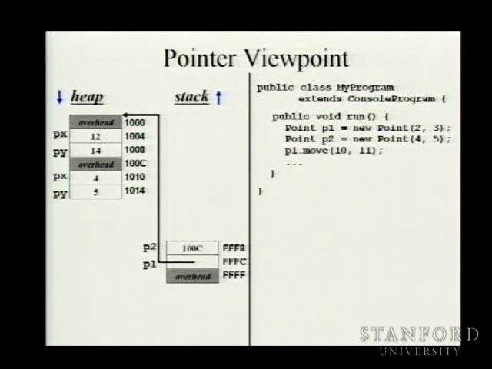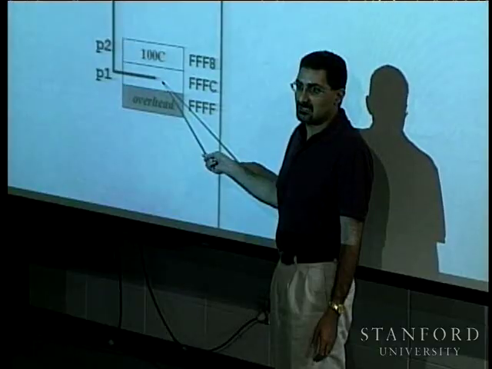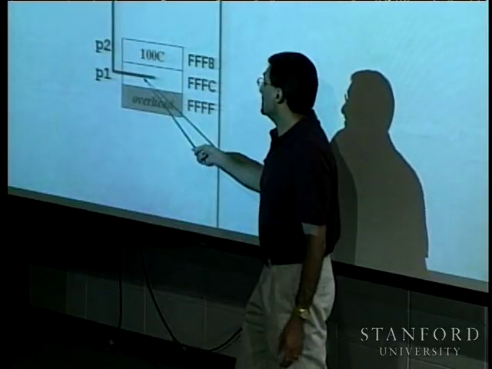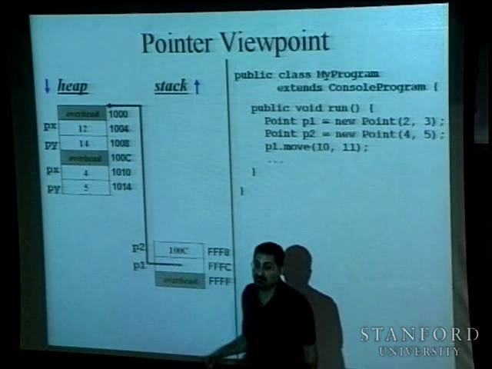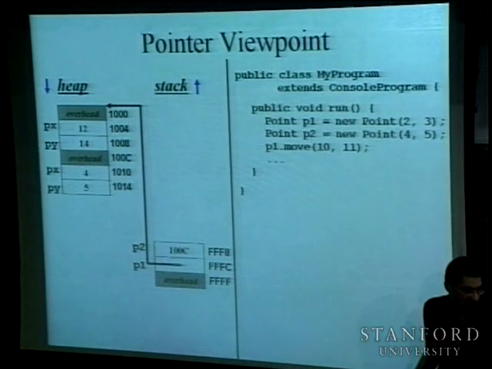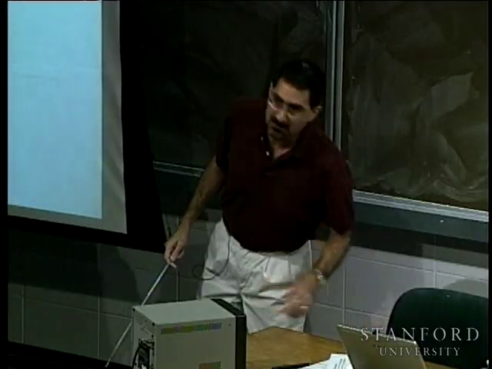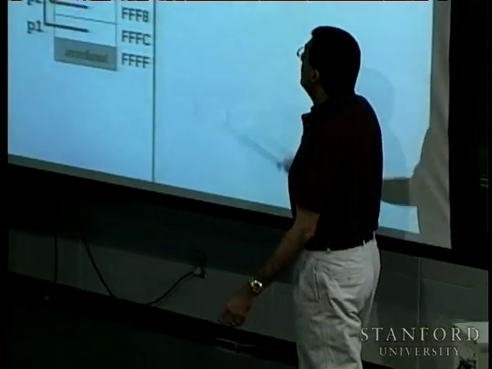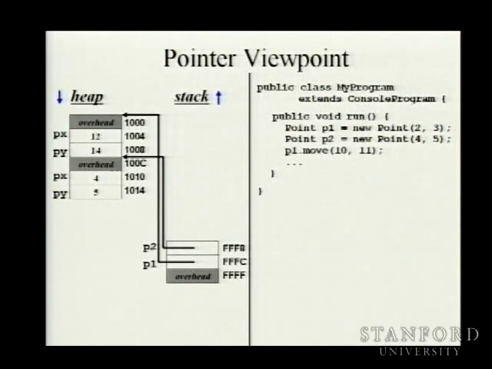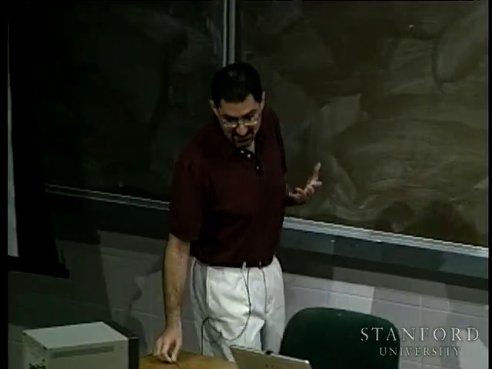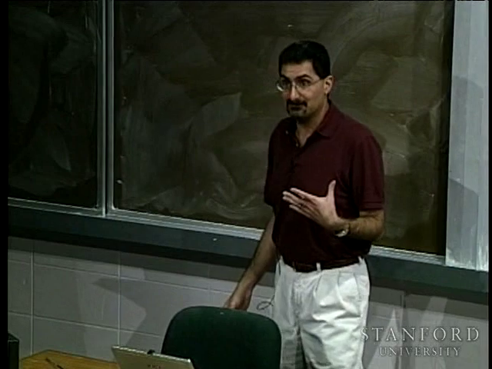It's a fun way to keep track of it, because then you know that you're not going to muck with this variable in here as though it were an integer, right? This thing is just referring to some piece of memory where you're actually storing some object. And similarly, so is P2. Okay? So that's what we like to think of as the pointer viewpoint of the world, right? It's just the fact that things that are memory addresses are really pointing somewhere. They're telling the machine basically like, look, I know where you live.